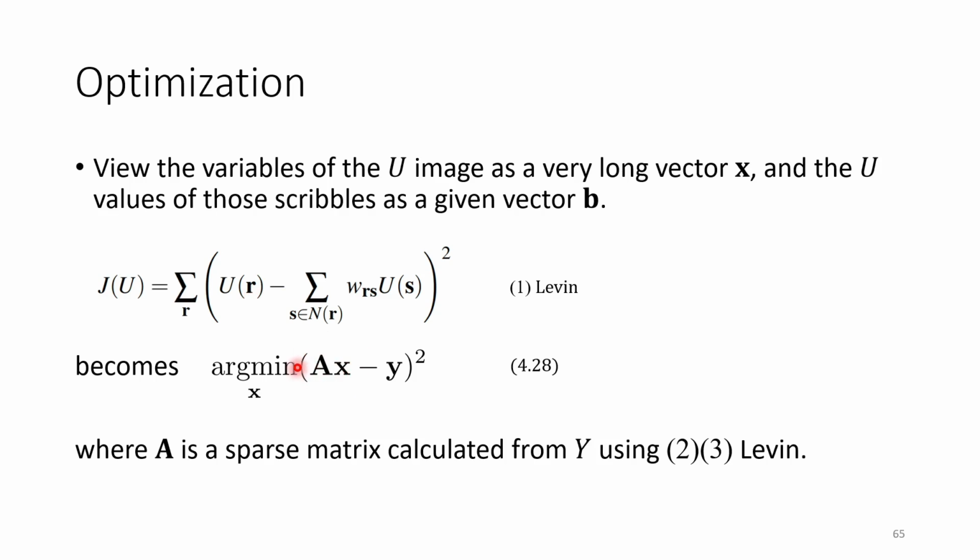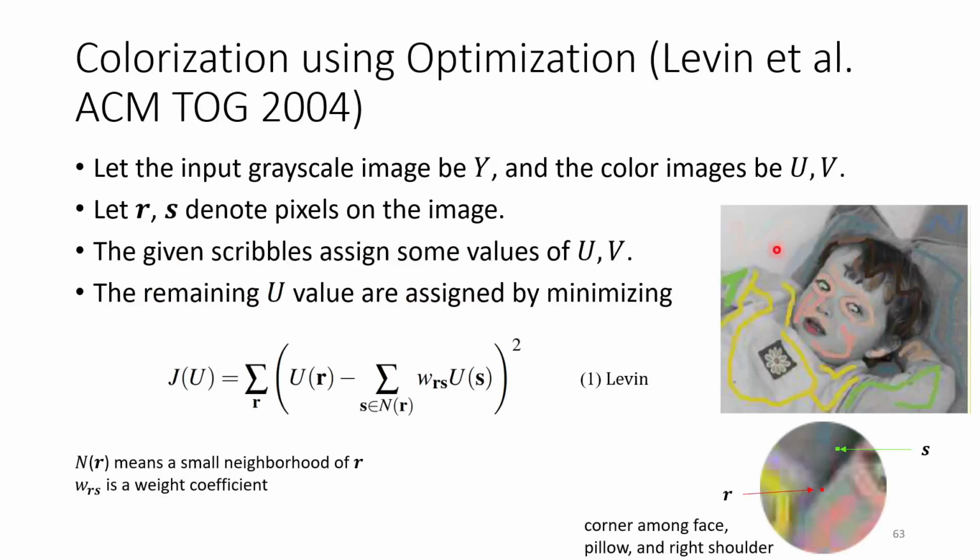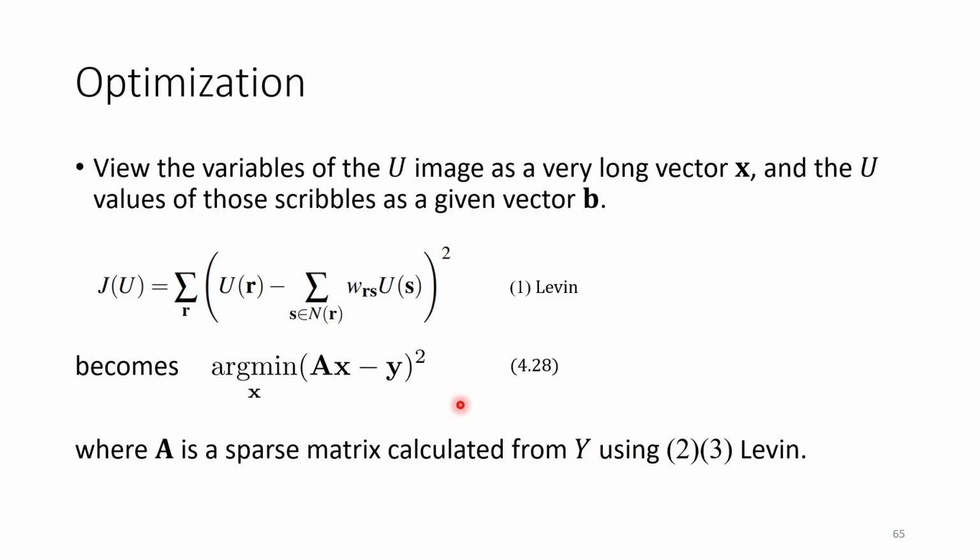And y is the pixels whose U values are given. For those pixels, their Y values are given. If we want to solve the value at R, we only need to consider the pixels in this region.